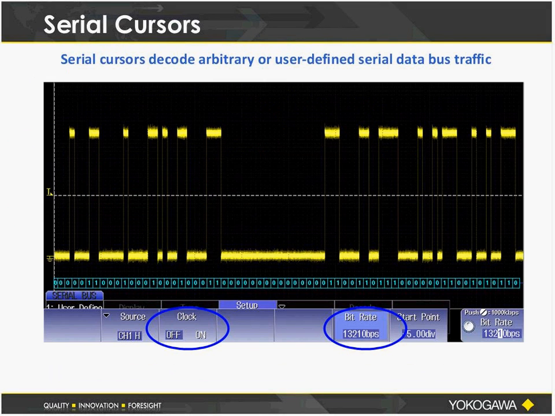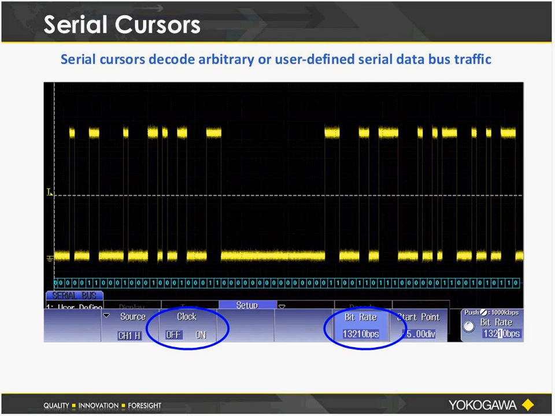And along the same lines, so much work these days is being done with serial buses and digital packets and digital buses that our users find it's important to decode digital values on the screen.